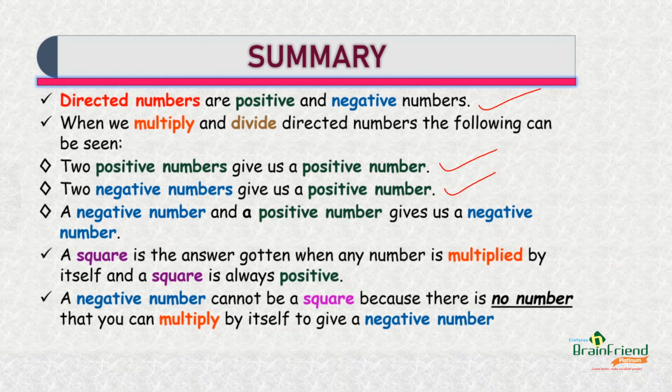And a negative number and a positive number gives us a negative number. We also learned that a square is the answer gotten when any number is multiplied by itself, and that a square is always positive. And finally, we learned that a negative number cannot be a square because there is no number that you can multiply by itself to give a negative number.